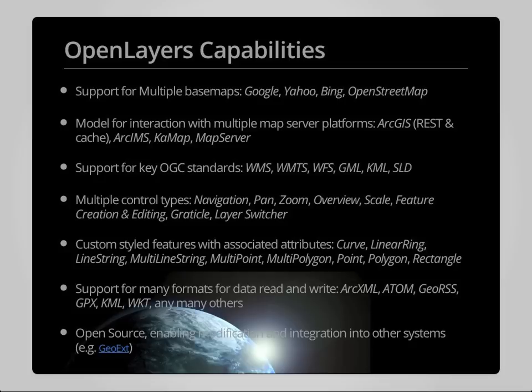One of the most significant benefits of OpenLayers is its broad support for Open Geospatial Consortium standards and other international standards in terms of data formats that we'll talk about in a few minutes.